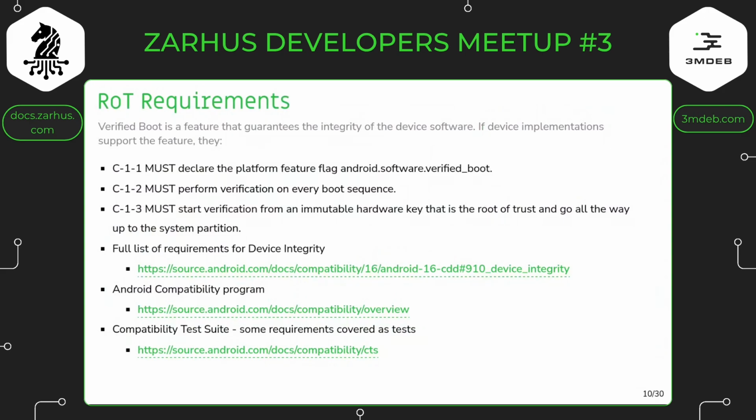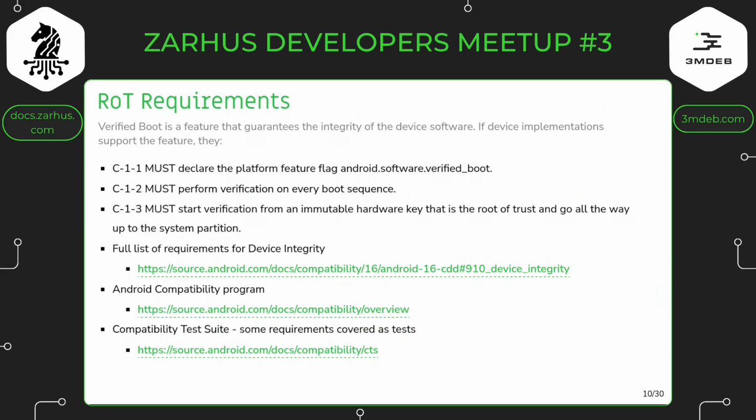We already mentioned root of trust, hardware root of trust. We want to talk about verified boot, but for verified boot to be really functional, we have to start somewhere, and we need to root our trust in some immutable part of the system. Android defines some requirements that hardware vendors must follow in order to be compatible with this verified boot feature.